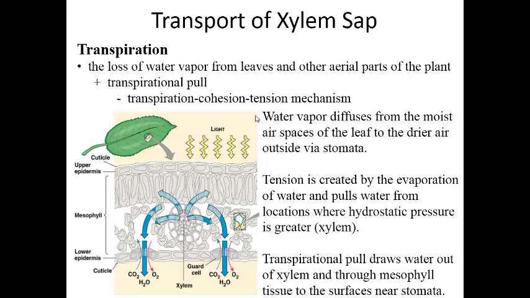In order to get water all the way up the xylem of a plant, to get water from the roots all the way up to the leaves that need the water for photosynthesis, the process of transpiration is going to be used. Right, we call this transpirational pull.